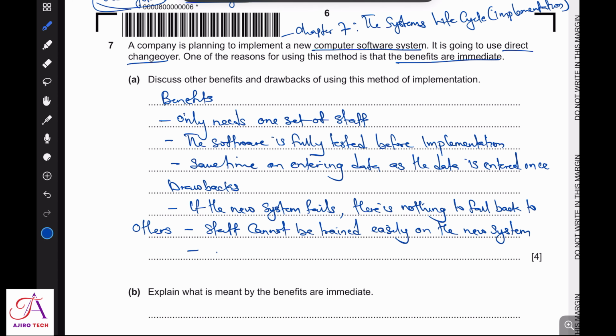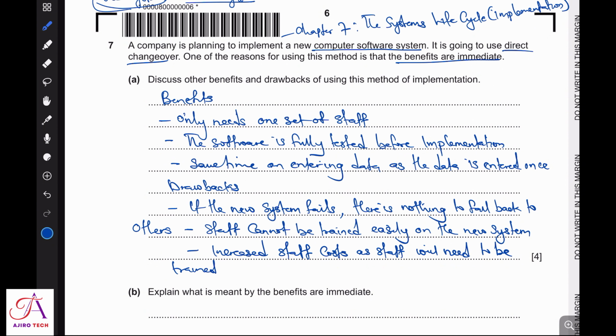So it can increase staff costs, as staff will need to be trained to use the new system.